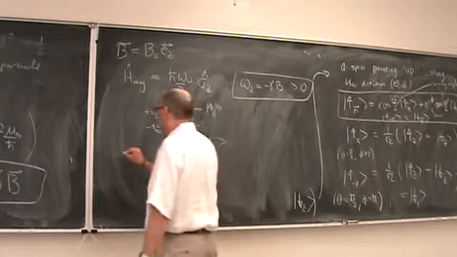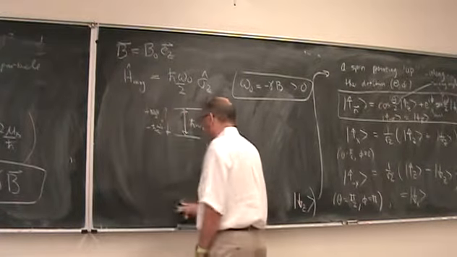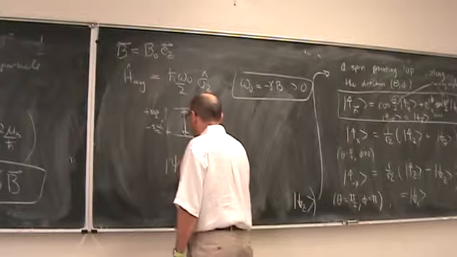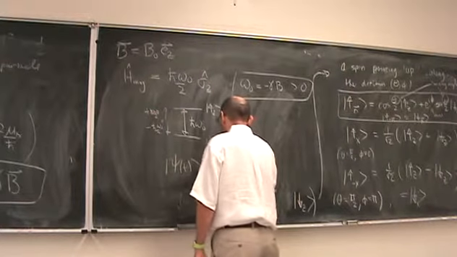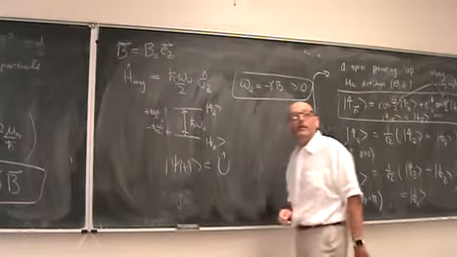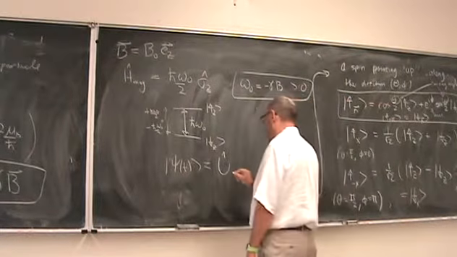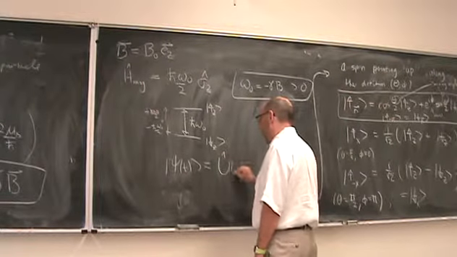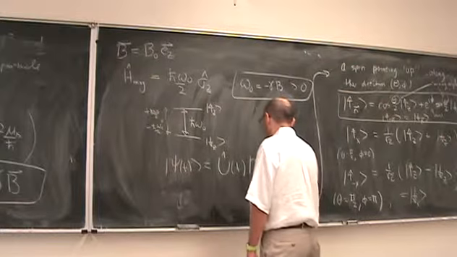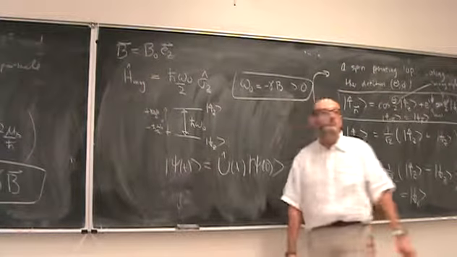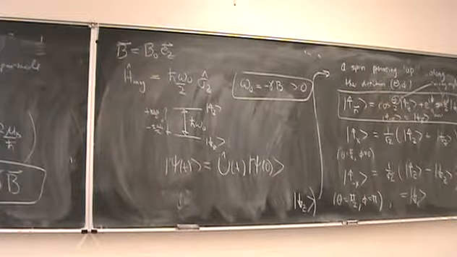So if I have some arbitrary state at time t equals 0, the state at a later time will be equal to whatever the time evolution operator is acting on the state. Right? That's the solution to the time-dependent Schrödinger equation.